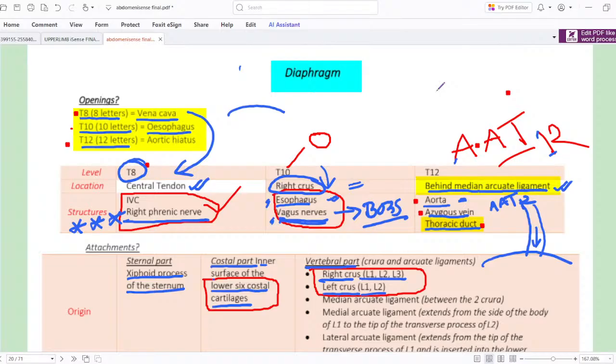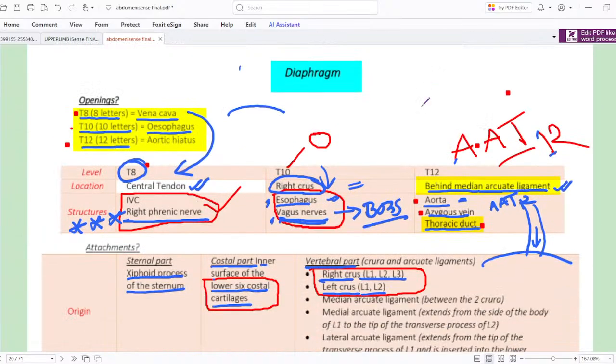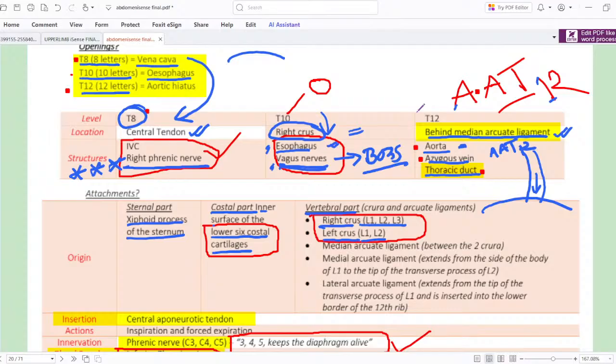Esophageal opening comes from which side? T10, and its location will be in the right crus. Right crus, lumbar 1, 2, 3 level vertebra.